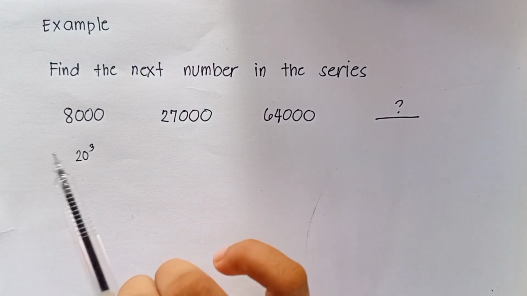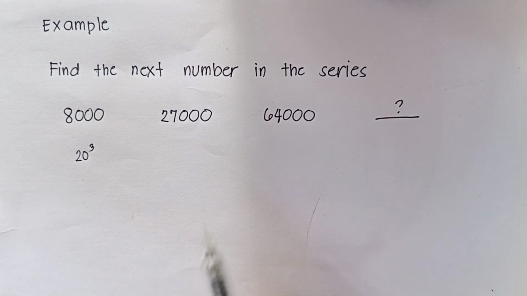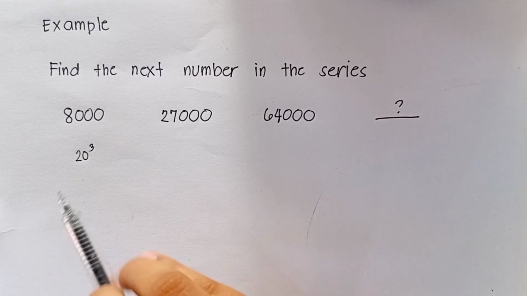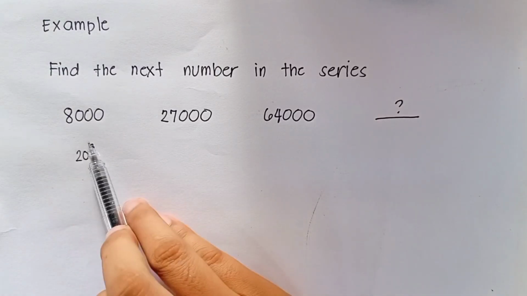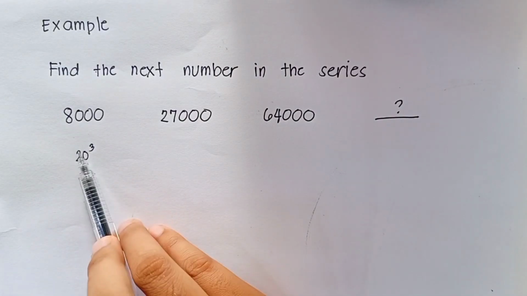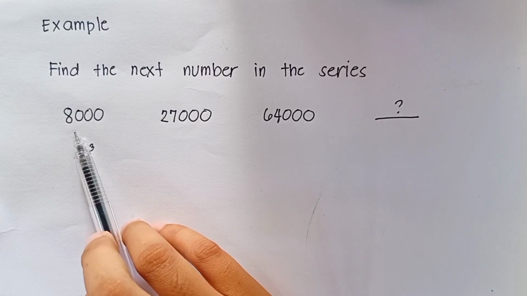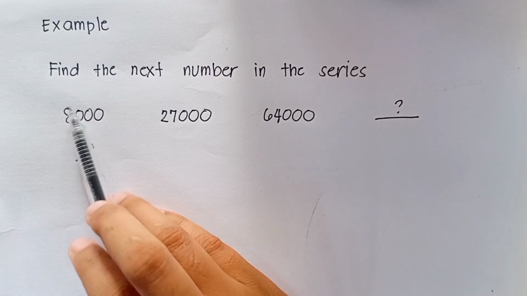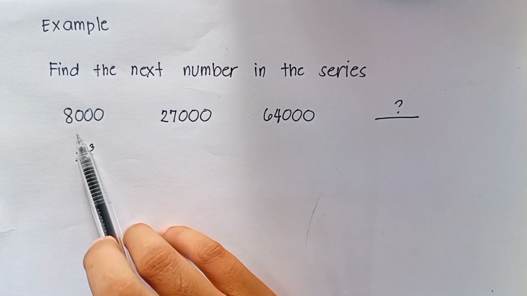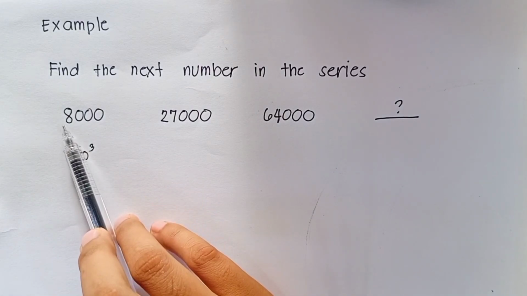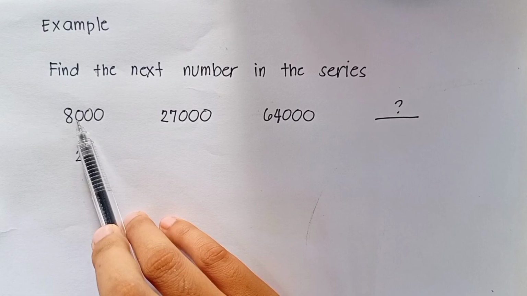The first digit of each term has a cube number of some number. So let's start with 8,000. So let's look at the first digit. So 8. The 8 here is a cube number of 2 to the power of 3.